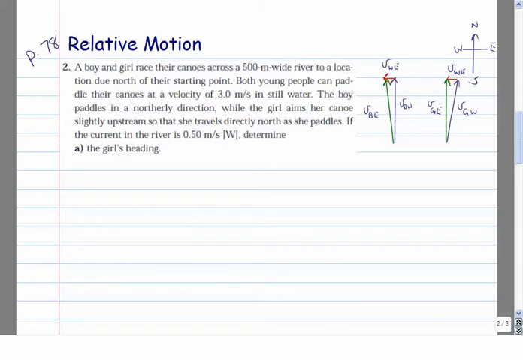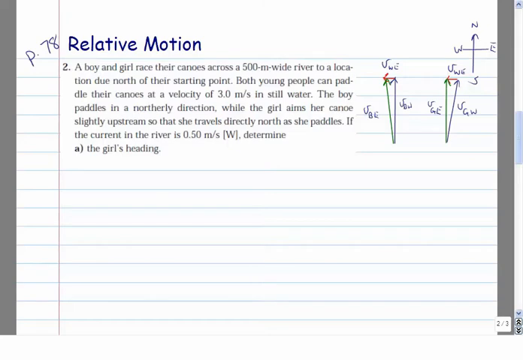So he's aiming north, but the water carries him to the west. The girl aims her canoe slightly upstream, so she's aiming to the east. Upstream is against the current slightly, so her canoe travels directly north as she paddles. The current in the river is 0.5 meters per second west.